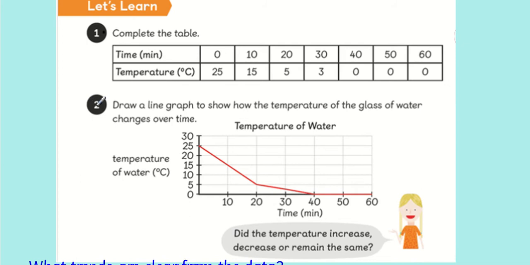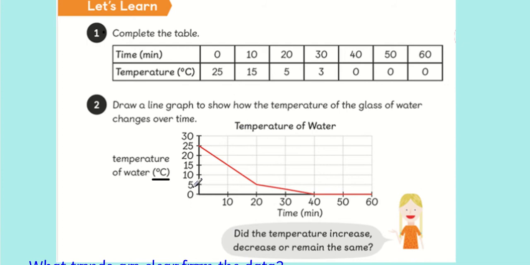Second step, we need to put the information from the table into a line graph. Okay, so we have decided to go up in steps of 5s along the temperature axis. Remember, they've labelled their axis with the units as well, so we're in degrees Celsius, and they've got the title of the graph as well, which is the temperature of water.